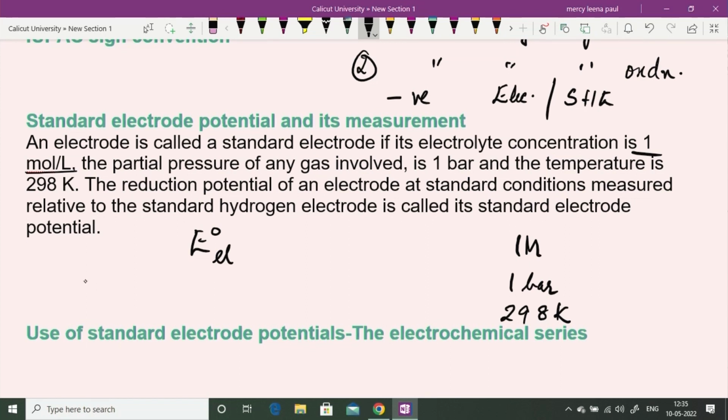Now, from that we take E naught of the cell. That is what we are going to measure, because we are connecting these two electrodes together and measuring the potential of the cell, and by the equation, E naught of the cell is equal to E naught of cathode minus E naught of anode.